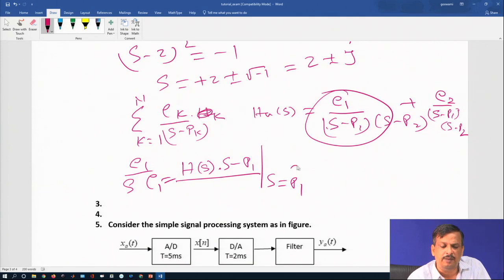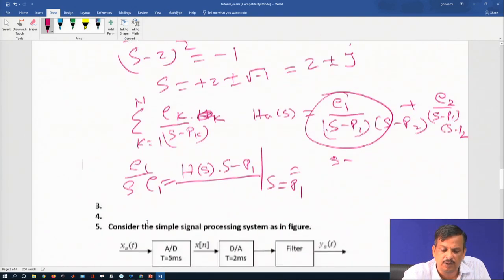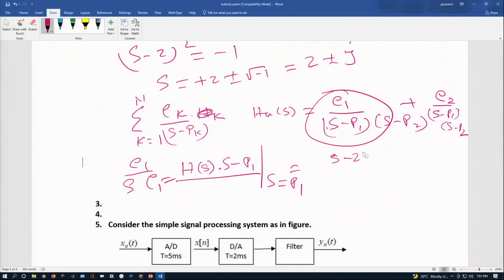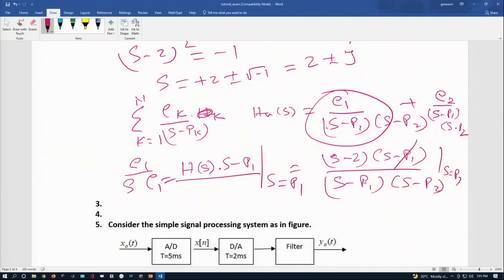So, what this is nothing but H of S. So, C1 is equal to H of S, which is S plus S minus 2, into S minus P1, divided by S minus P1 into S minus P2, at S equal to P1. So, I can say this cancels.